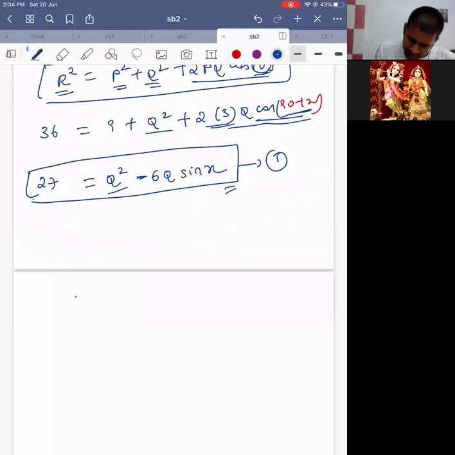Tan alpha is equal to q sin theta upon p plus q cos theta.